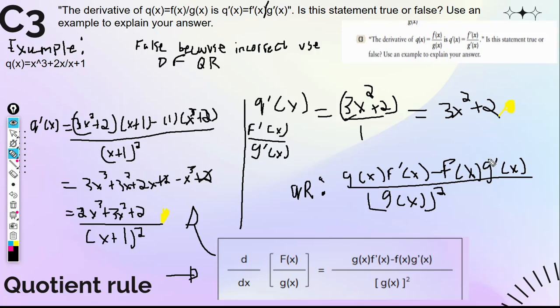And also it doesn't matter which position this goes, it could be g derivative x f(x). So that's why this statement is false. Incorrect use of quotient rule, and it gave us 2 different answers.